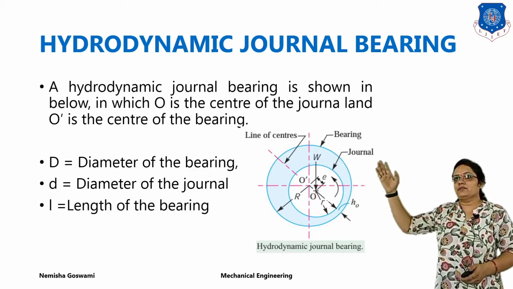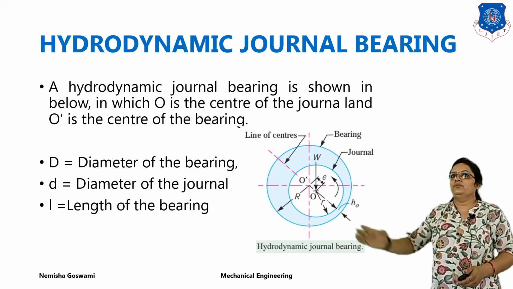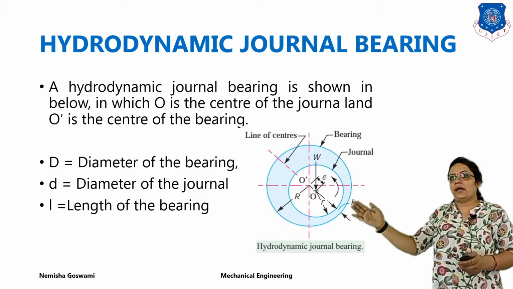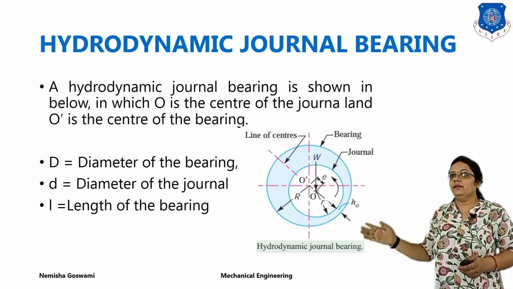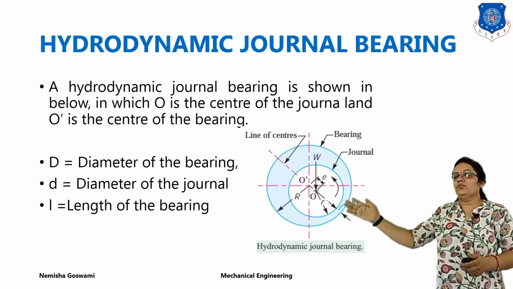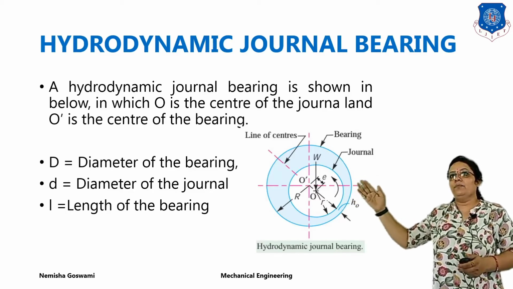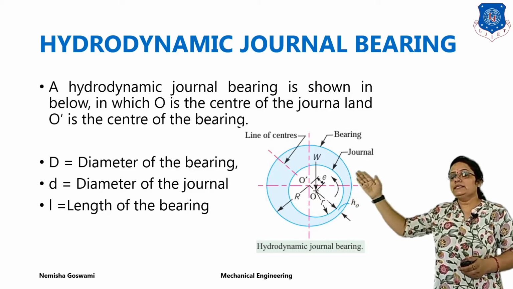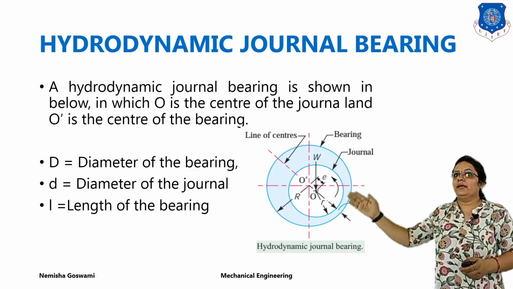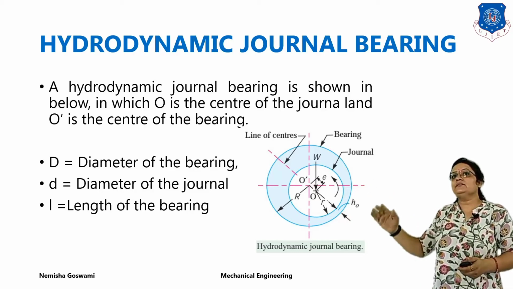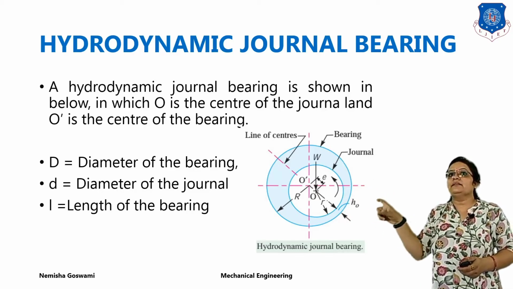First of all I will discuss all the parameters, then I will switch over to this diagram. In this hydrodynamic journal bearing, O is the center of the journal and O dash is the center of the bearing. Between these two centers some eccentricity occurs.